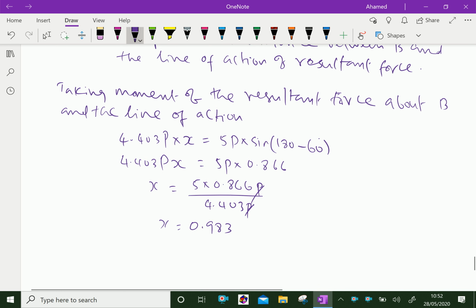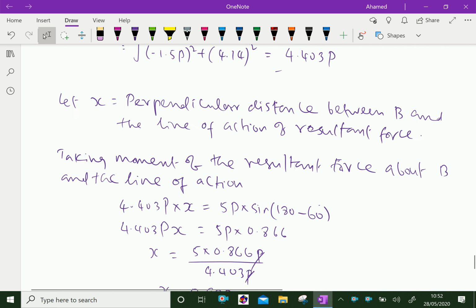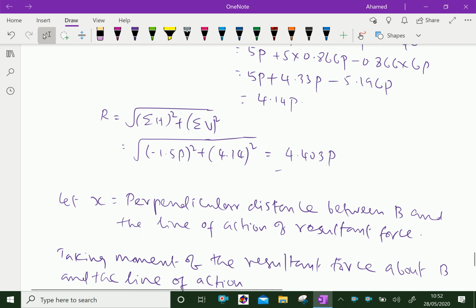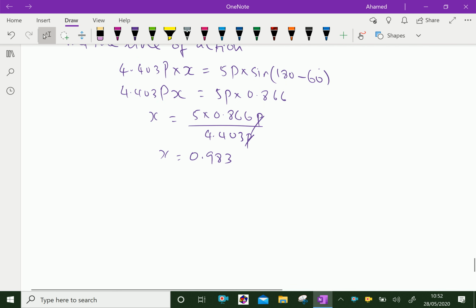Here we have to use the total distance, 150, because 150 is the side length of the triangle.